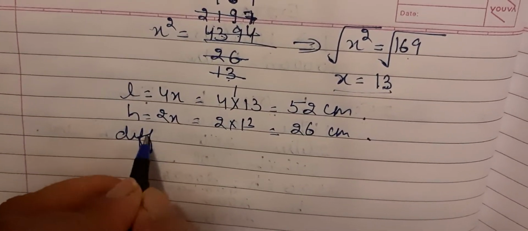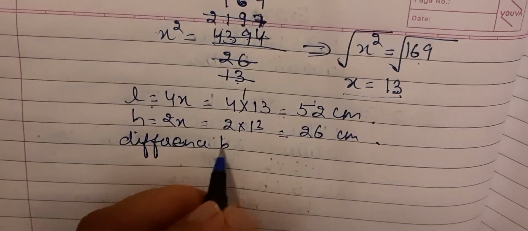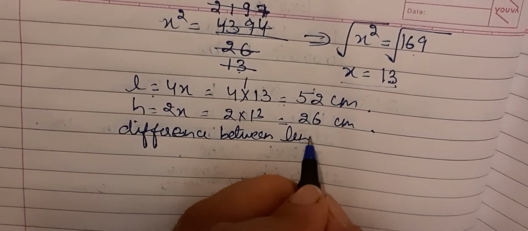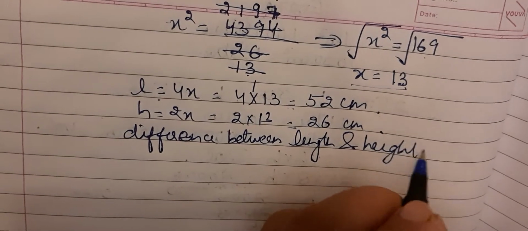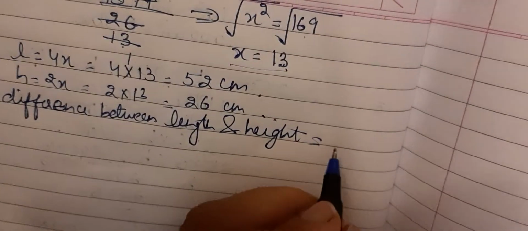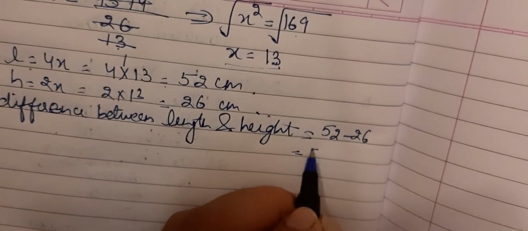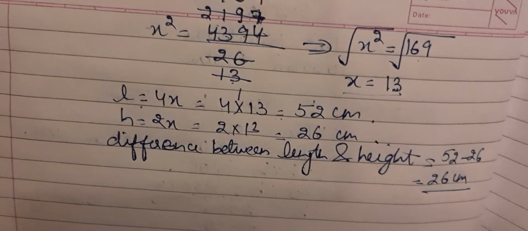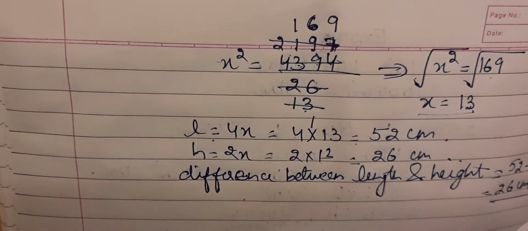And difference between length and height is equal to, difference means subtract, 52 minus 26, that will come out to be 26 centimeter. So this is the answer of your 13th question.